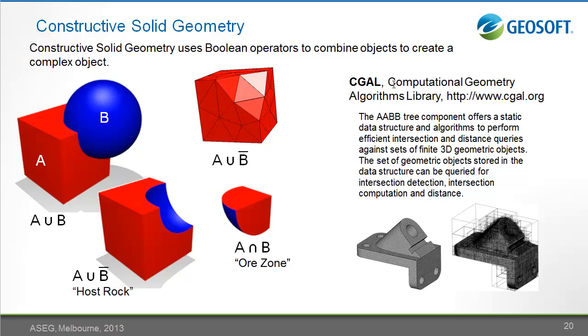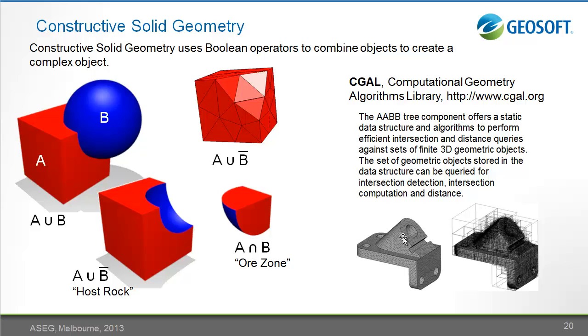And the library we actually use and find very efficient in this case is CGAL, the Computational Geometry Algorithms Library. And as I said, this all stems from a number of different applications.